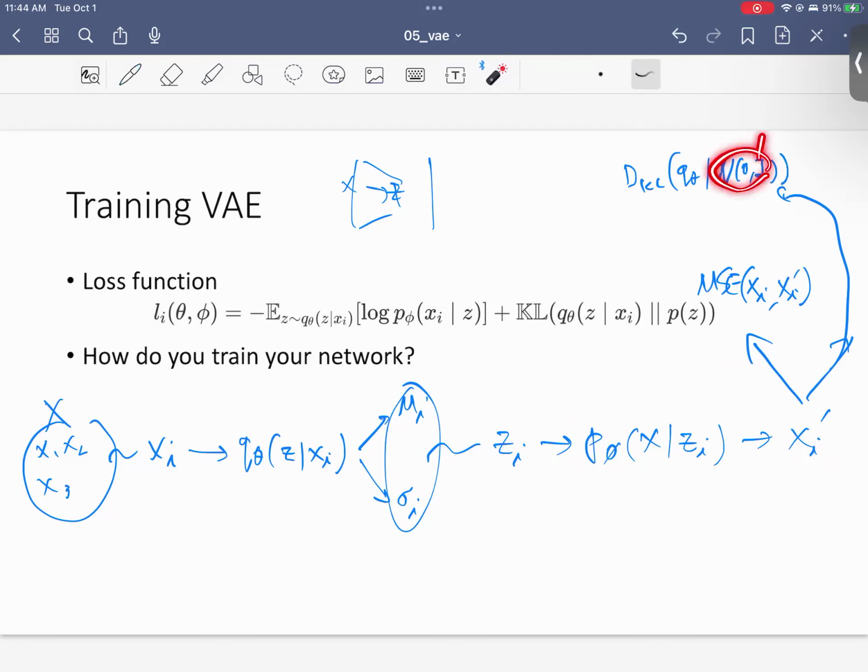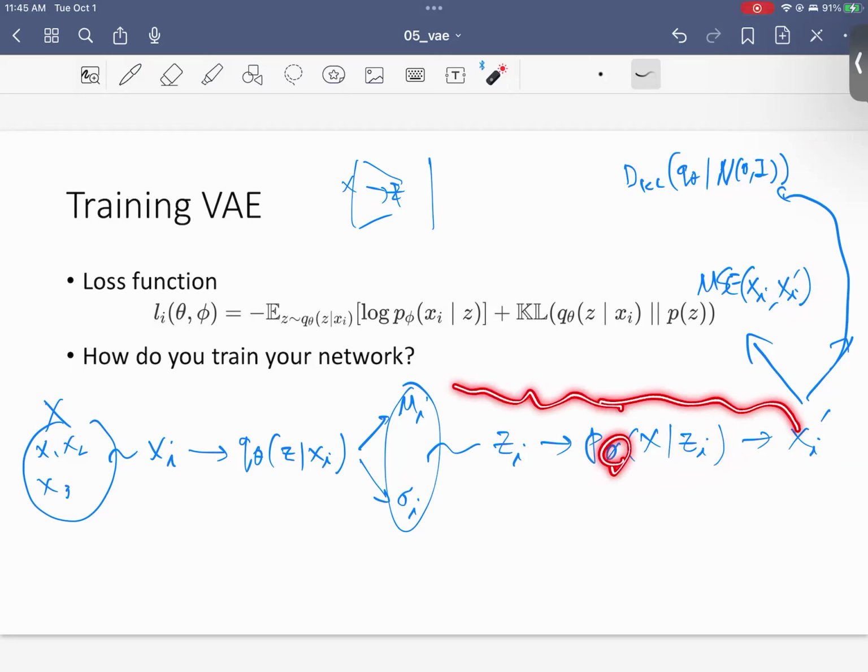So there are two parameters to tune. The MSE part involves the decoder, because xi prime comes from your decoder. When you backprop, the decoder's parameters will be updated, no problem.